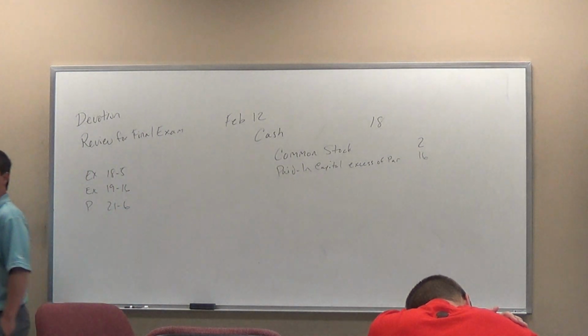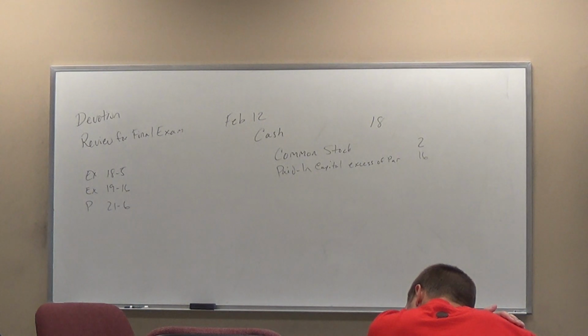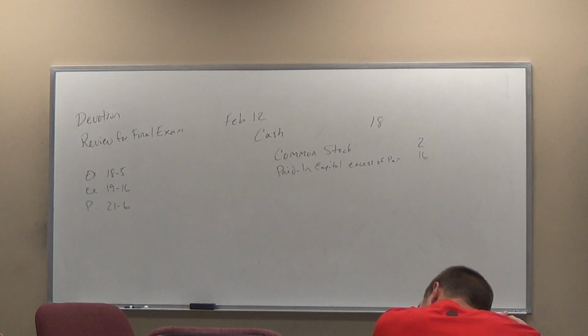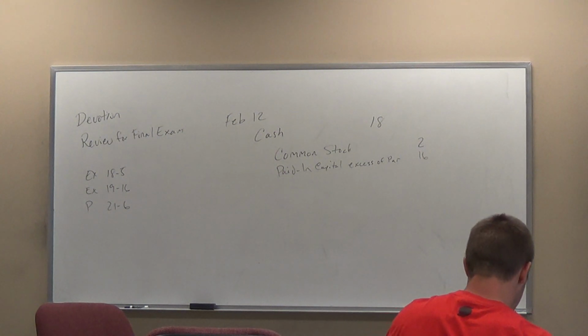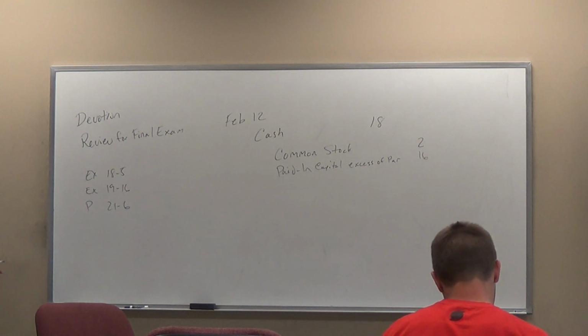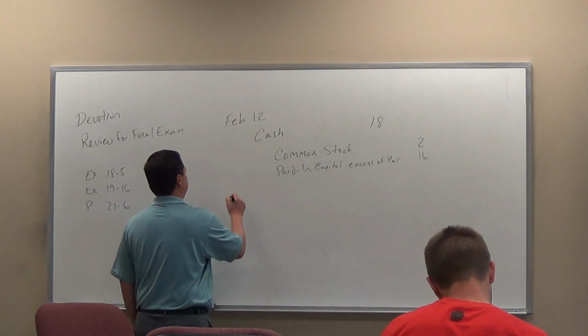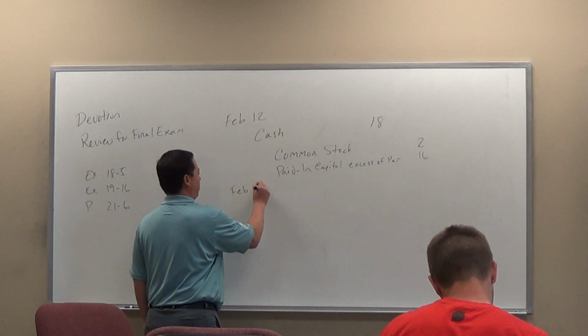All right, so questions on that portion there? I'll give you a moment to work on the next part, which reads: on the 13th, issued 40,000 common shares to attorneys in exchange for legal services. Okay, so what would you do there?